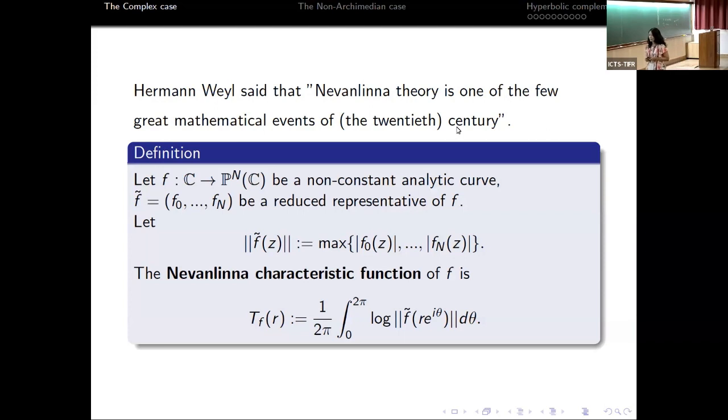Everyone knows that for a polynomial P with complex coefficients, if the degree of P is n, then we know it has exactly n zeros, counting multiplicity.